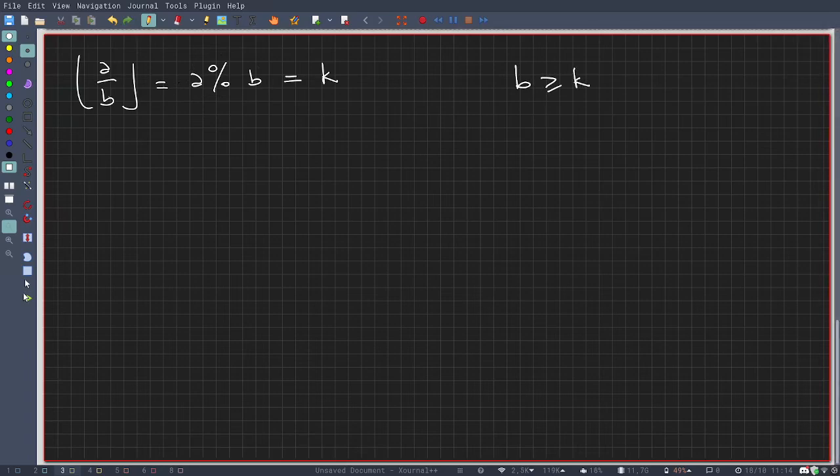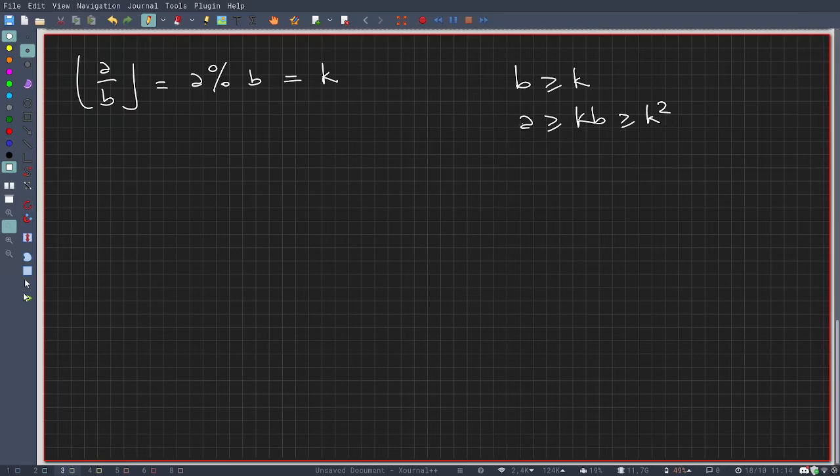Now let's also use this condition, and we have that a divided by b must be at least k. So we have a greater than or equal to b times k. But b is greater than or equal to k, so this is actually greater than or equal to k squared.